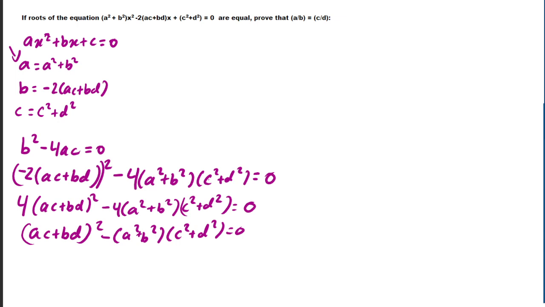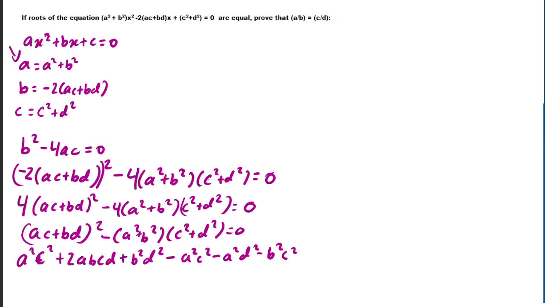So when you simplify this, we get a squared c squared plus 2abcd plus b squared d squared minus a squared c squared minus a squared d squared minus b squared c squared minus b squared d squared.